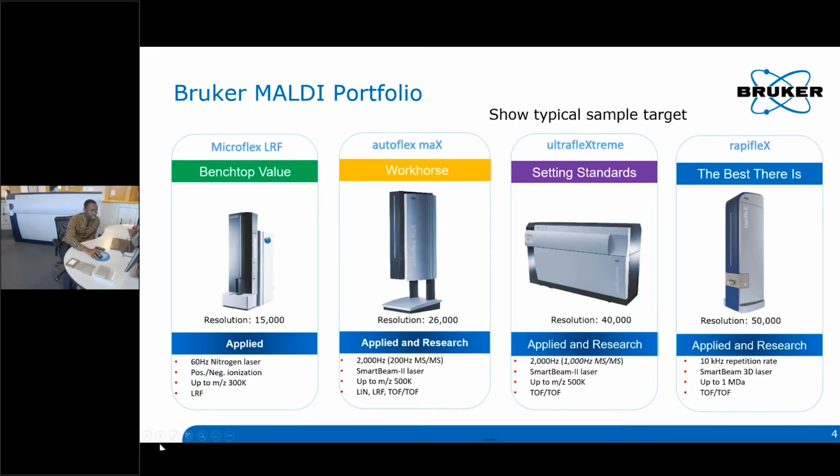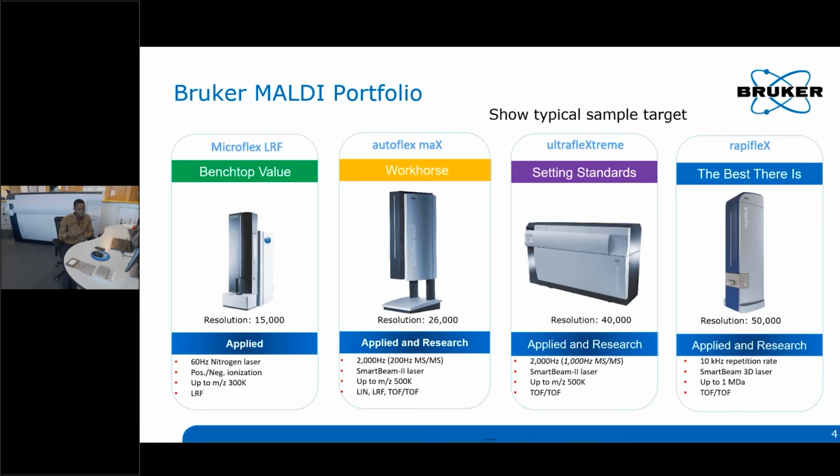Next up in line, we have the UltraFlex Stream, which you can also see behind me here. And this one is our gold standard for polymer analysis, also for the analysis of very complex samples, complex mixtures, copolymers, or samples in very complex matrices.